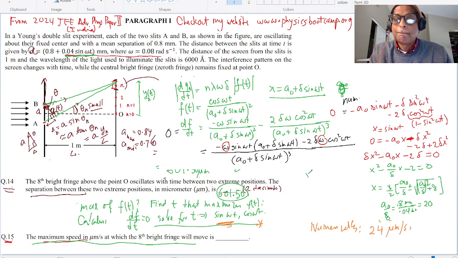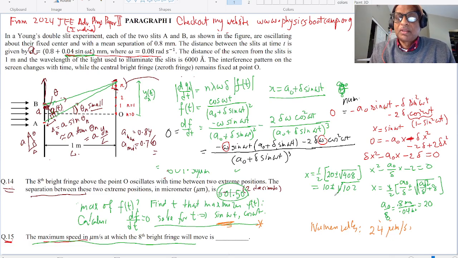So x equals half of 20 plus or minus the square root of 408. You can just divide over there, so you have 10 plus or minus the square root of 102.